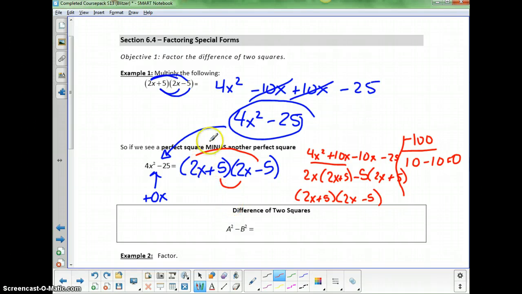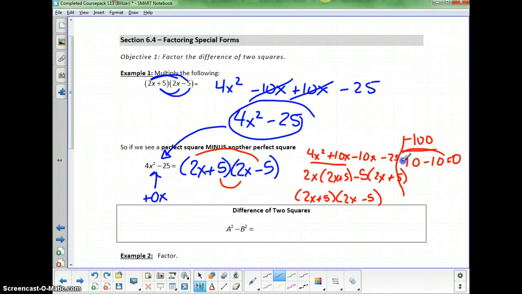So the difference of two squares will always factor. Difference of two squares, meaning the subtraction of two perfect squares, like the 4x squared and the 25, will always factor into binomial conjugates. They need to be binomial conjugates to get this to be the exact same thing with an opposite sign to add to that 0x in the middle.